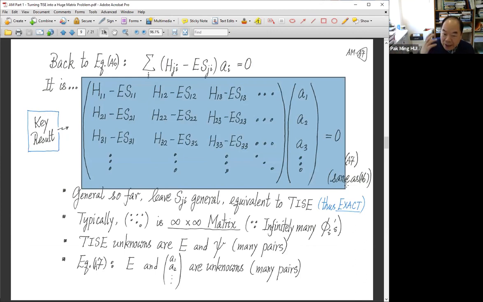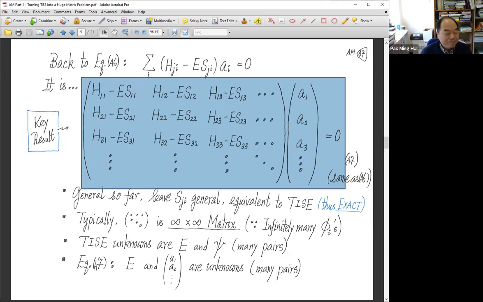Okay, spend 10 seconds, stare at it. Convince yourself that it is the case. Okay, so any question up to here? This is the punchline. So we succeeded. Schrödinger equation, only 4 symbols, suddenly implementing a big matrix problem.